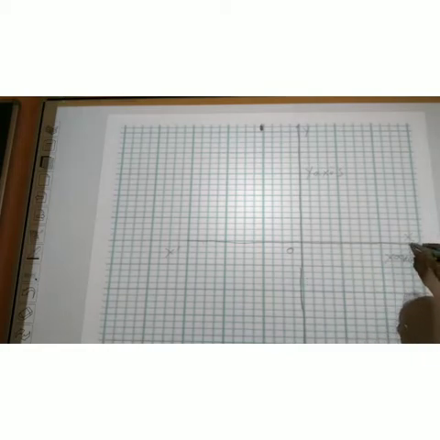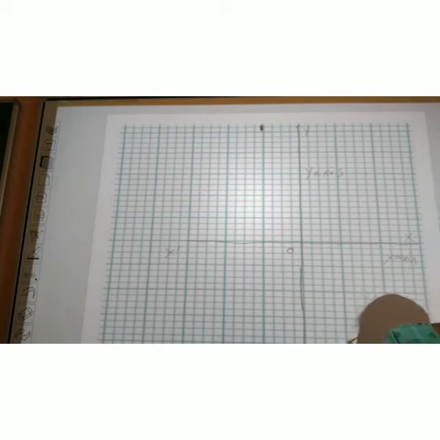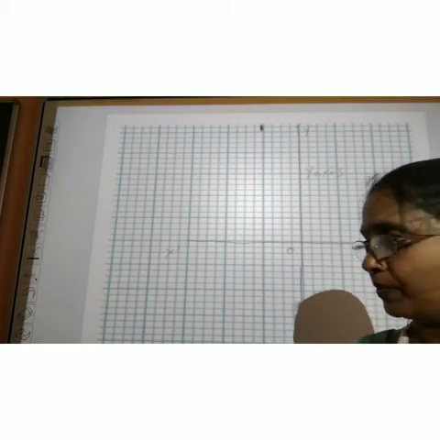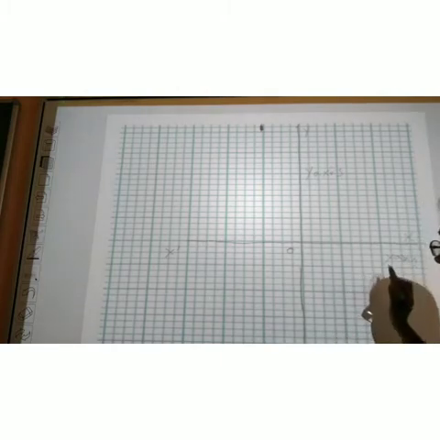So this 3 is the value on the x-axis and that is known as the x-coordinate, or it is also known as abscissa. What is it known as? Abscissa.